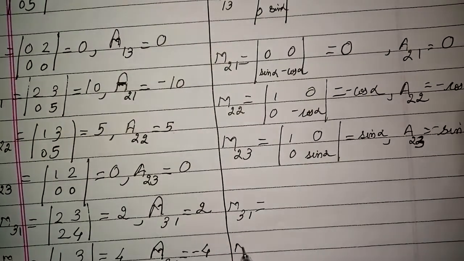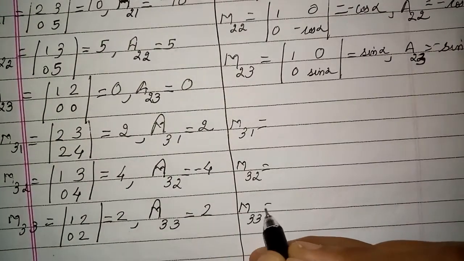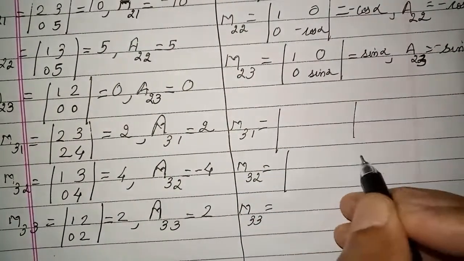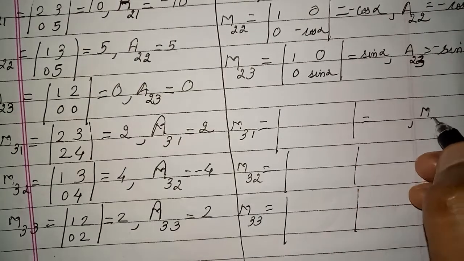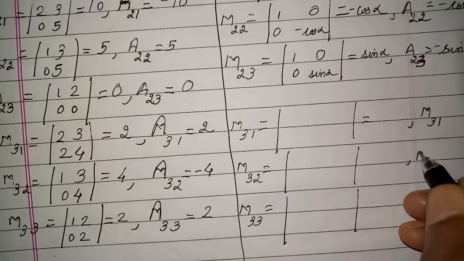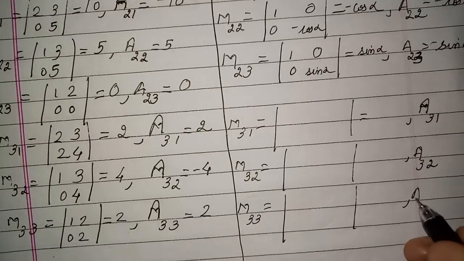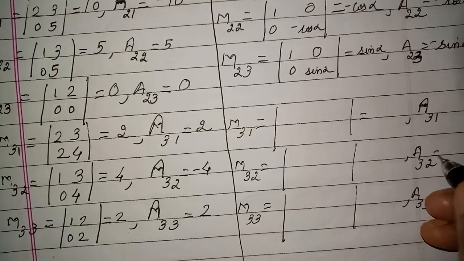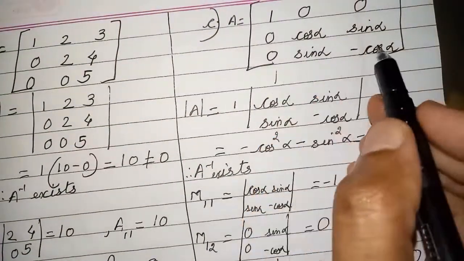M31, M32, M33. So again let us find out. Then M31, A32 and A33. M31 means what? Third row, first column.